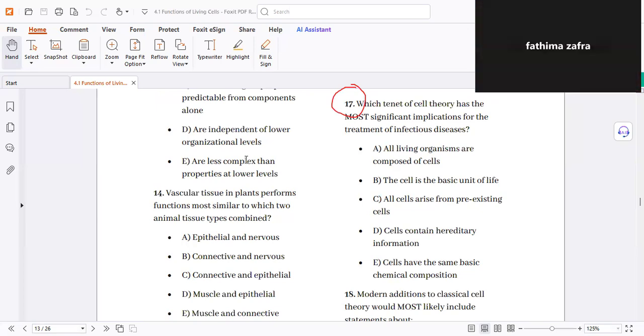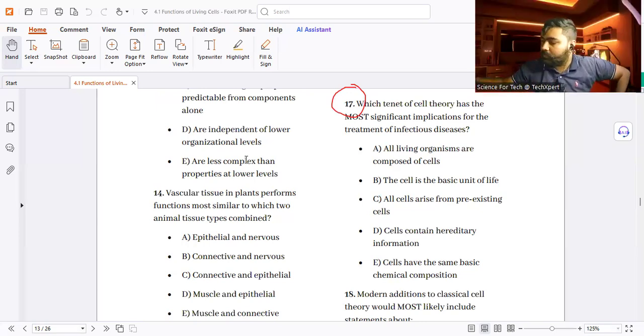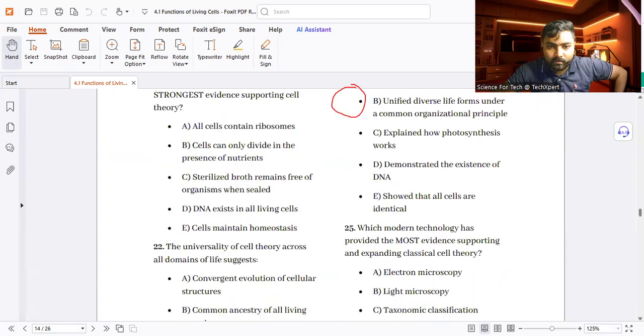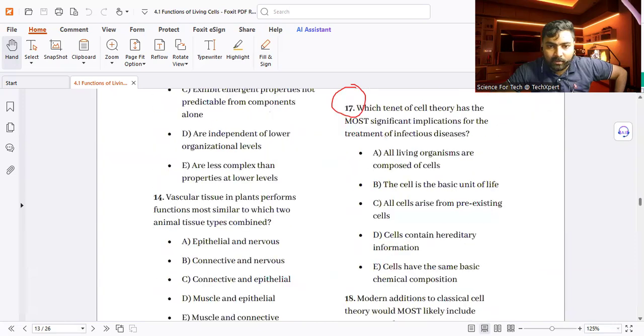Sir, I have answer sheet for this MCQ. Wait, didn't I attach the answer sheet? No, I will send you the answer sheet, but I need 2, 3 days. First of all, you do all the MCQs and then try to find the answer from the tube.